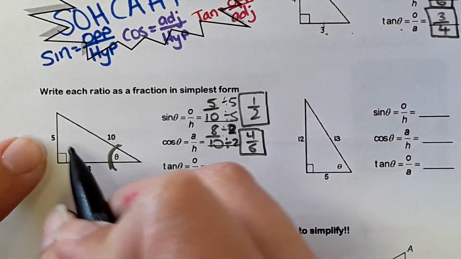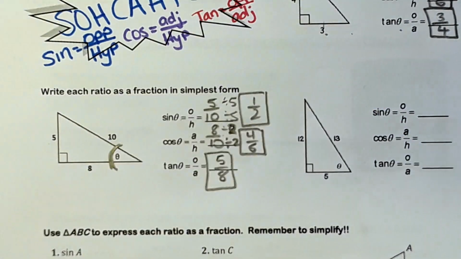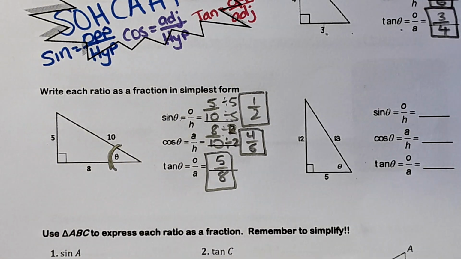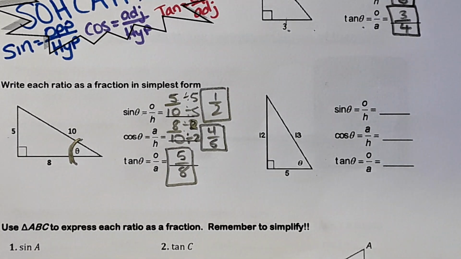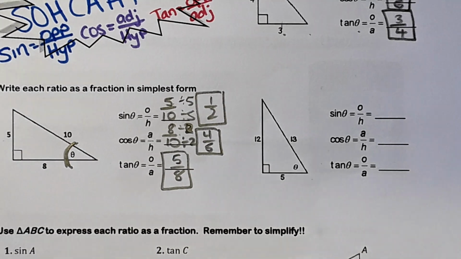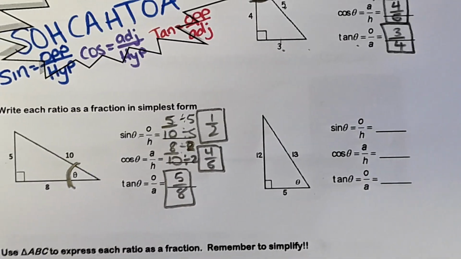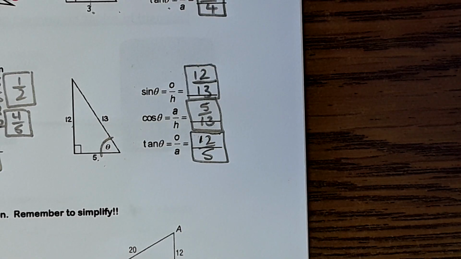Tan of theta, opposite over adjacent, 5/8. Okay, see if you can do the second one on your own. Here's the answer if you want to look up and check it yourself.